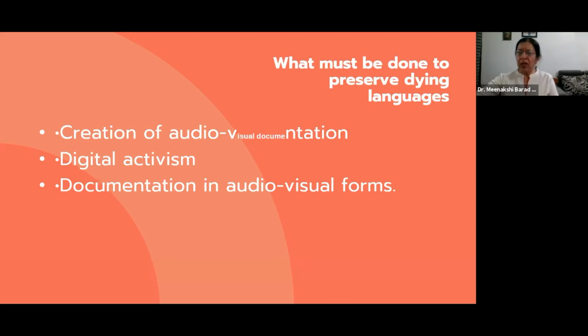Next, documentation in audiovisual forms. There are several cultural aspects like storytelling, folk songs, other narratives like cooking, local festival celebrations, and performing art forms, that can be documented in audiovisual forms.